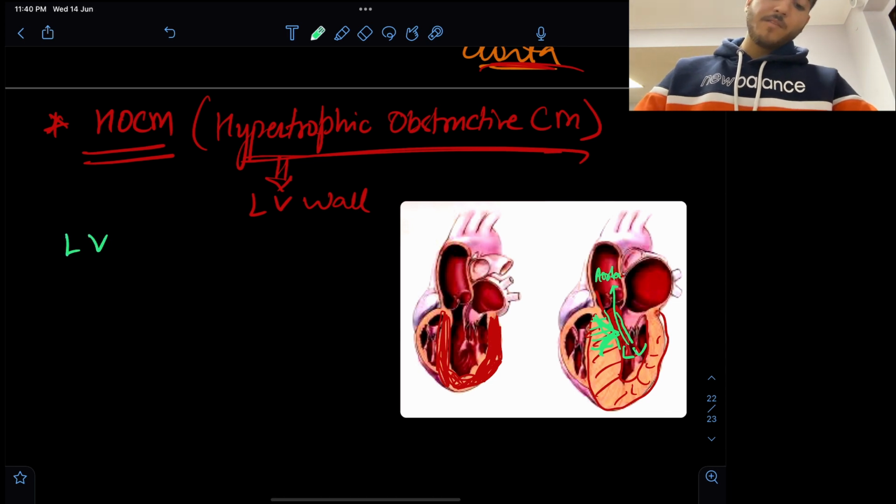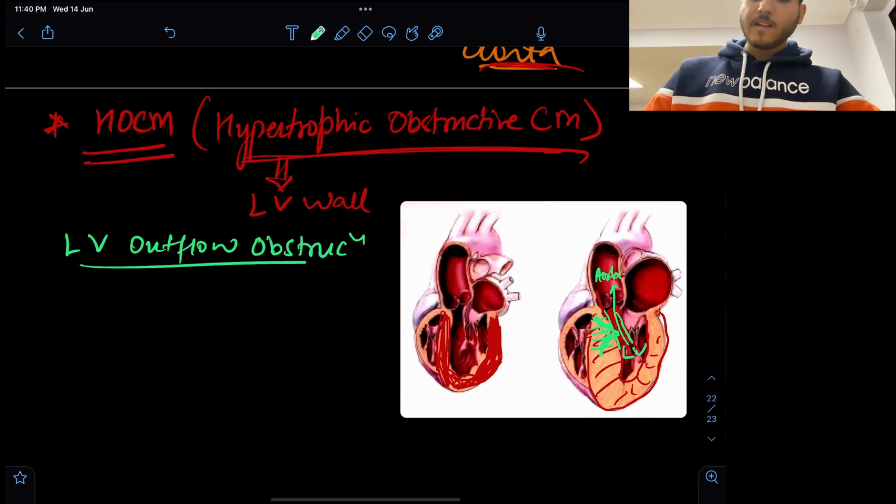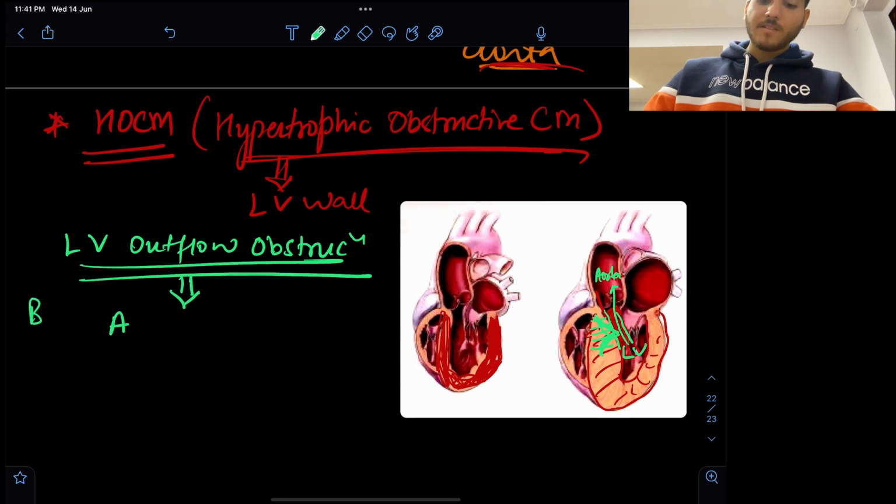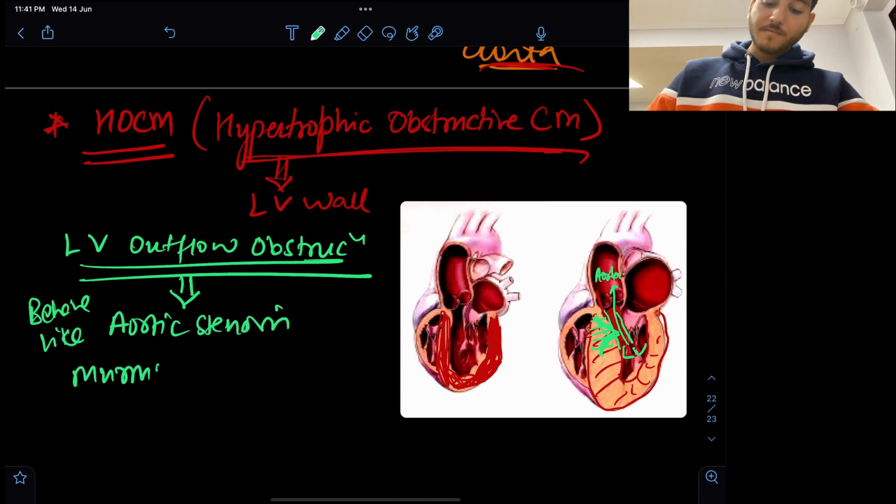So there will be left ventricular outflow obstruction. If there will be left ventricular outflow obstruction, it will behave like aortic stenosis, and in this condition also we'll get systolic murmur.